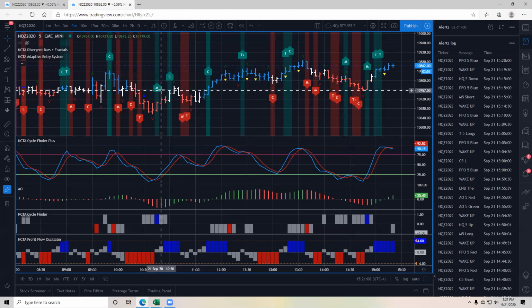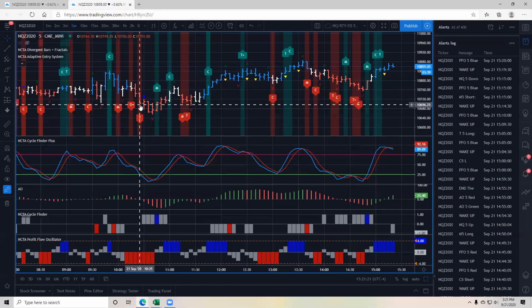And then the M is simply a momentum signal where no time frame, no stock, no option or future is going to move straight up or straight down. Even in a 5-minute bar, there's a range. Like this particular bar, what was it, 10:25 this morning, had a 49.25 point range to it. Within that bar, there's cycling movements up and down.